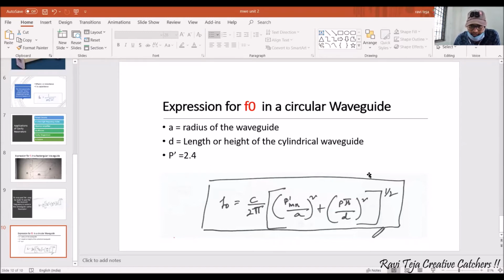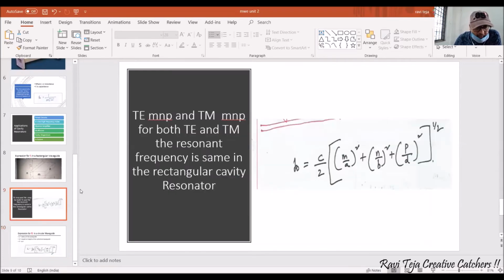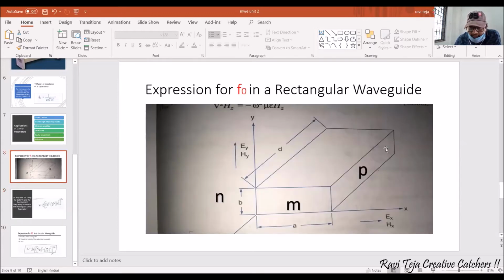Always remember, in a circular cavity resonator you will be finding two P's. Here P MN or P dash MN will be there, and you can write it as P dash MN or just capital P MN. And here is another P, this is small p, P into pi. This small p is the propagation mode, since in the mode M N P, it can be TE or TM. The small p is the propagation mode, which is the length or the distance.